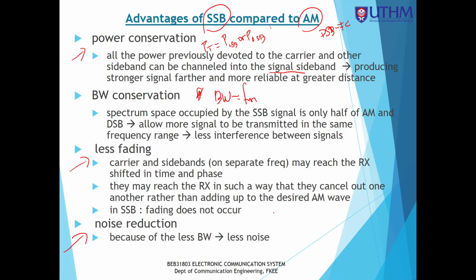Since the bandwidth is equal to Fm, that means we managed to reduce the noise power. Remember, noise power is KTB. If we reduce the bandwidth, we can reduce the noise power, which is good. If we reduce the noise power, that means we can achieve better SNR.